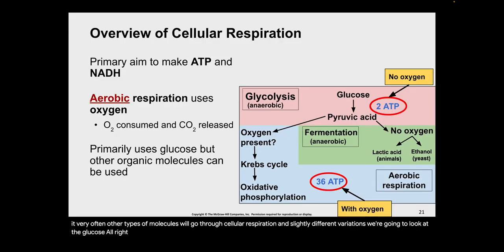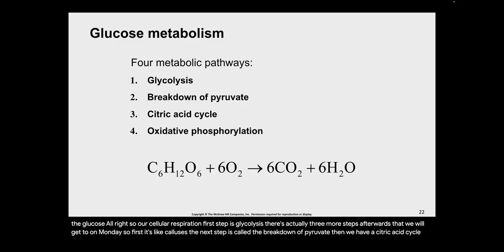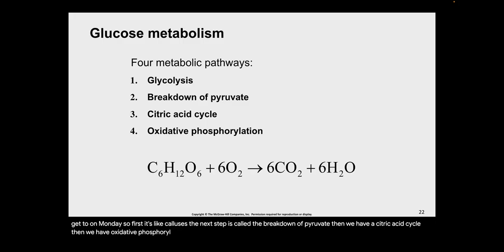All right. So our cellular respiration, first step is glycolysis. There's actually 3 more steps afterwards that we will get to on Monday. Right? So first is glycolysis. The next step is called the breakdown of pyruvate. Then we have the citric acid cycle. Then we have oxidative phosphorylation.